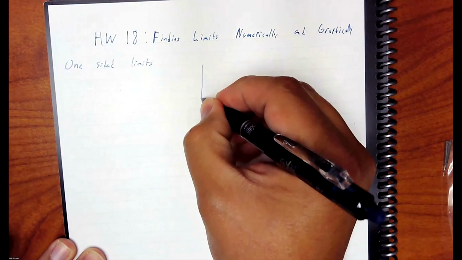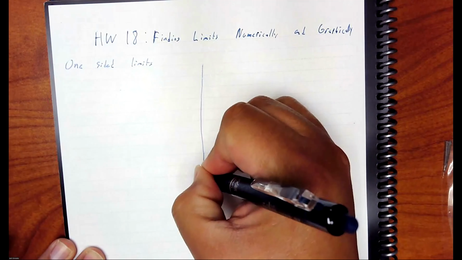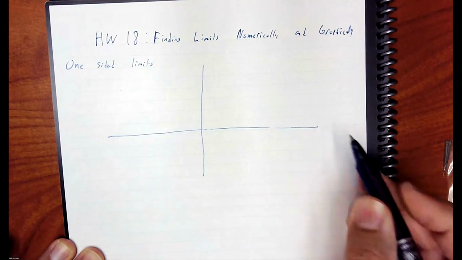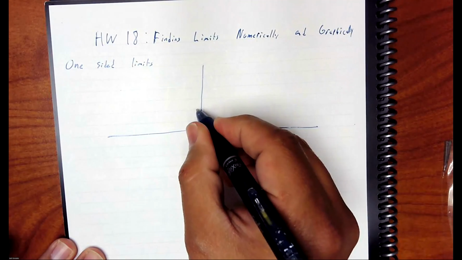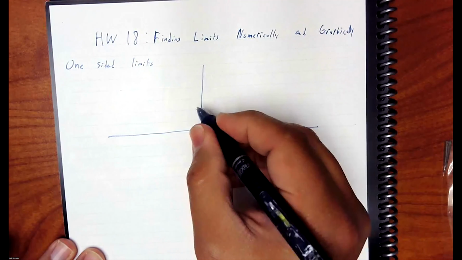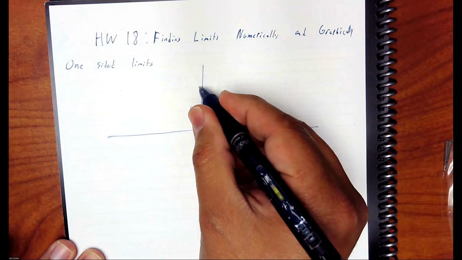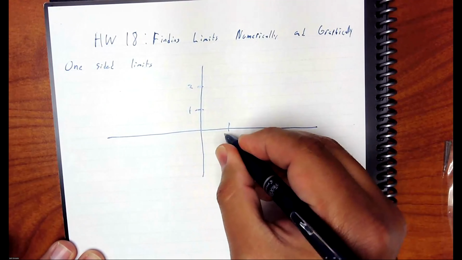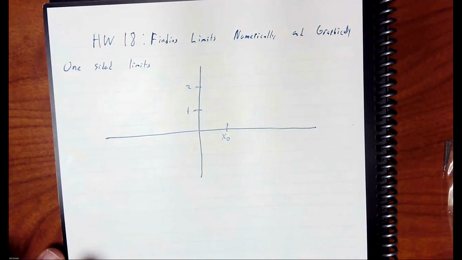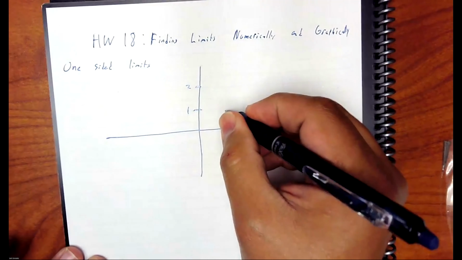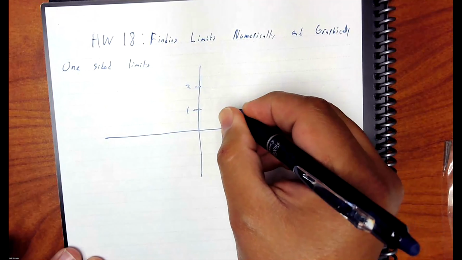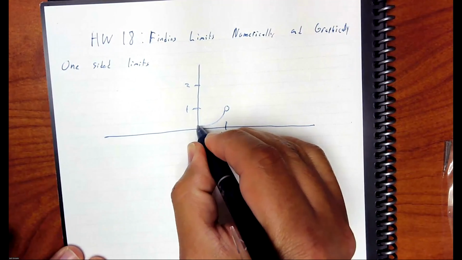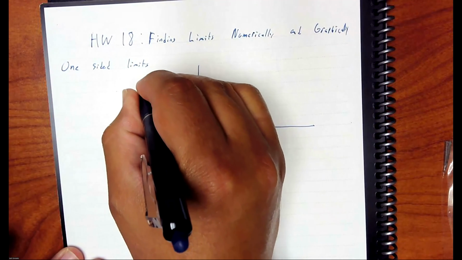All right, so given this picture or graph, this is 1, this is 2, this is some random number x naught. Okay, so right here, you have a function, probably a piecewise if it looks like this, right?